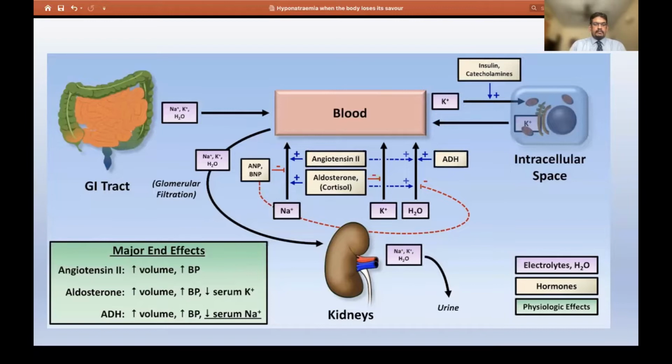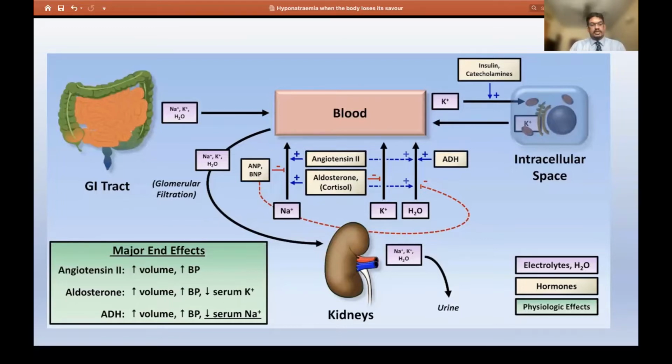Mind you, the arrows in blue are denoting positive directions, whereas red is in the negative direction. And you see that aldosterone promotes sodium reabsorption into blood while inhibiting potassium reabsorption in the kidneys.